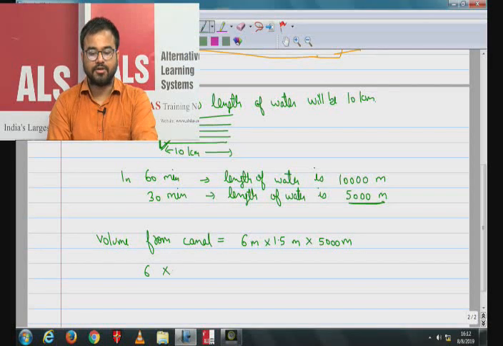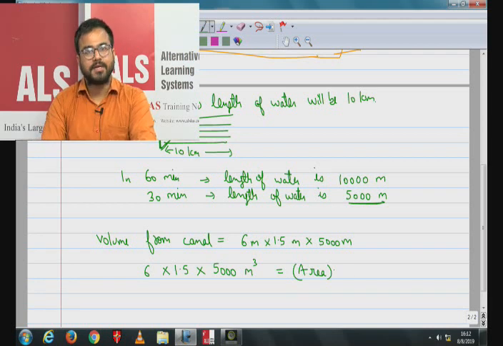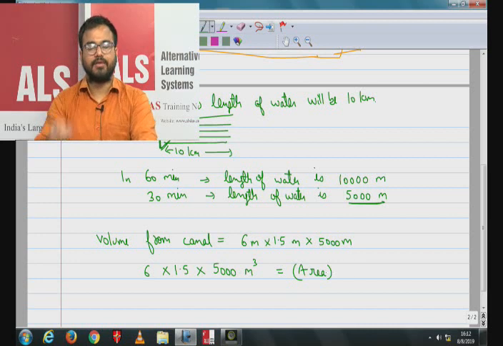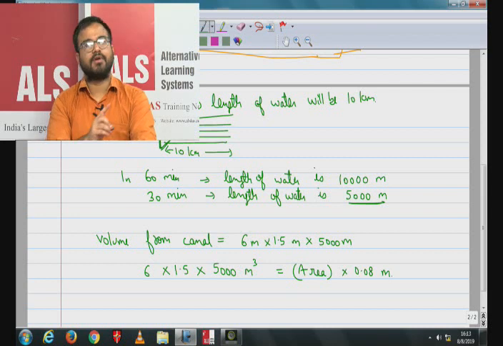So 6 into 1.5 into 5,000, that is meter cube, is equal to area. Now it is 8 centimeter, so we can convert that centimeter into meter also. 8 centimeter is nothing but 0.08 meter, divided by 100. So now you can see we have converted all of them into the same unit, which is meter.